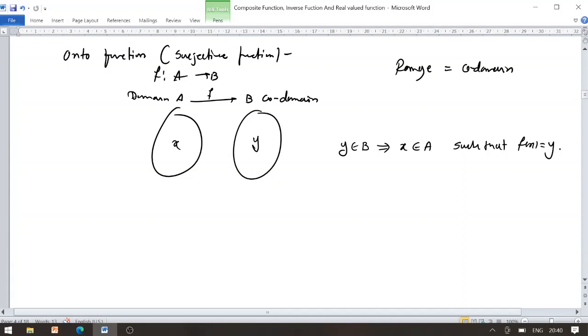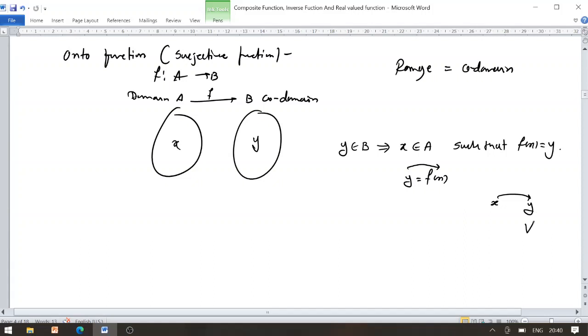That means ultimately once we have a function y equals f of x, y is expressed in terms of the variable x. So for proving the given function as an onto function, we have to express x in terms of y.